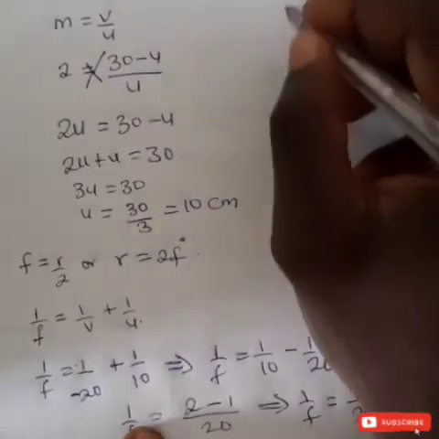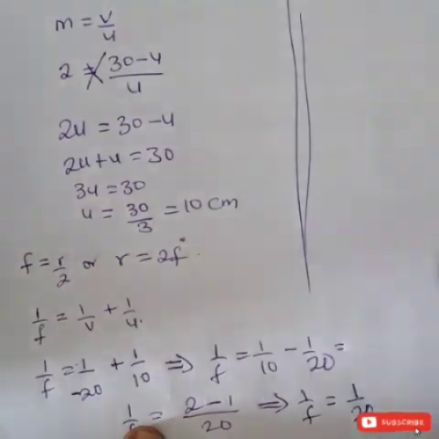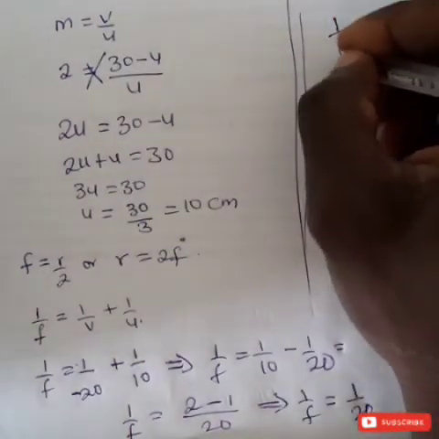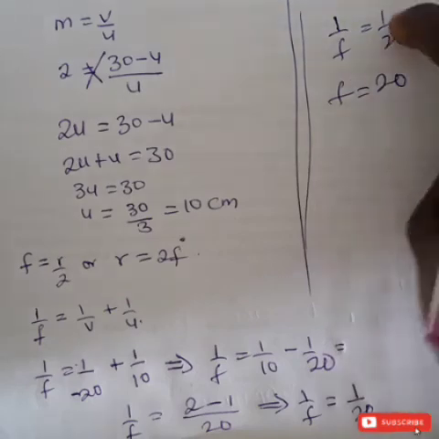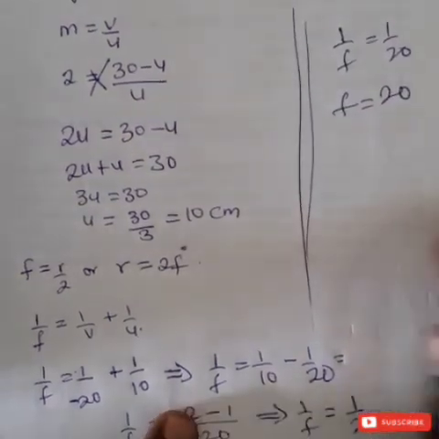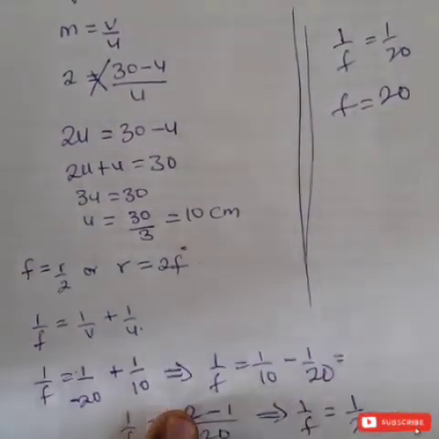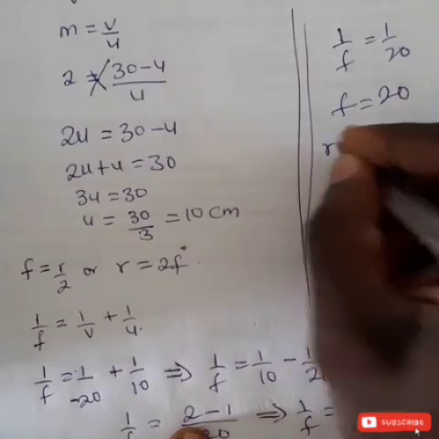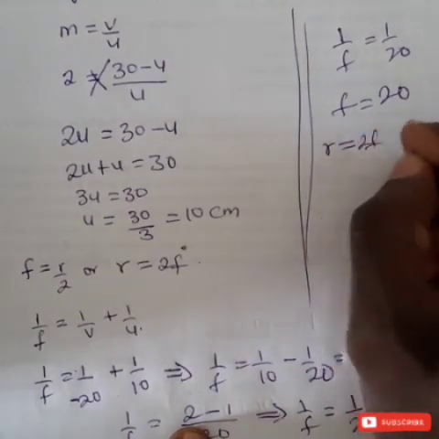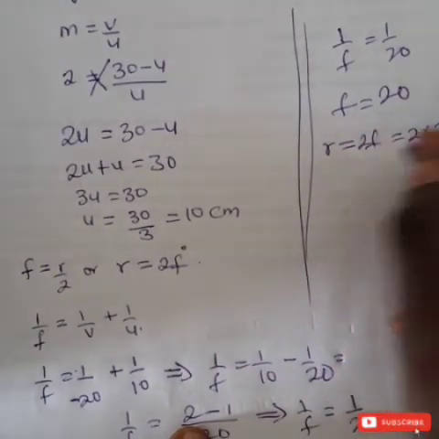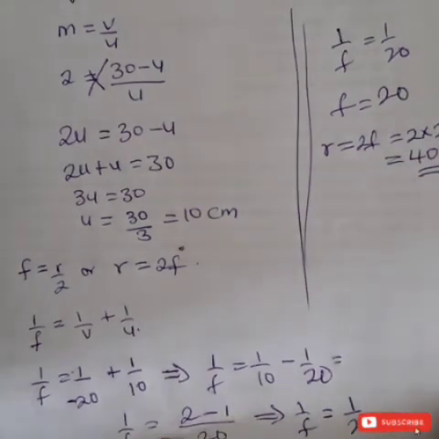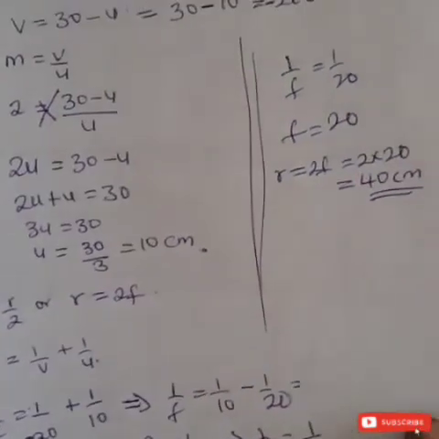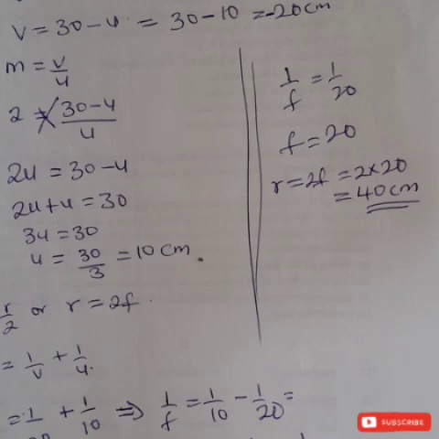Since 1 over F is equal to 1 over 20, F is equal to 20. Just take the reciprocal of this. And hence, we can now calculate the radius of curvature. The radius of curvature, R, is equal to 2F, which is equal to 2 times 20, which is equal to 40 cm. You need to take note of all the signs and conventions that are used.